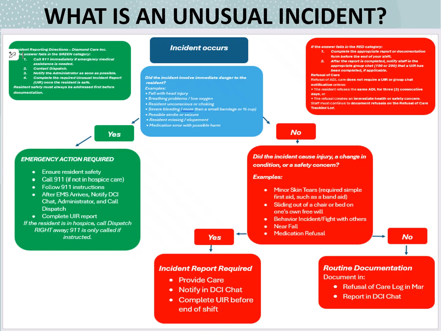If you see the answer is no, it's in red, then this is not a 911 emergency. This is let's document it, monitor it, report it at the end of the shift event. You'll see with the red, we have two different types of documentation. So let's go through this, okay?